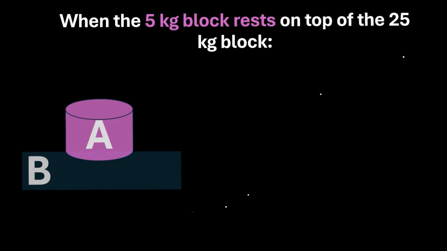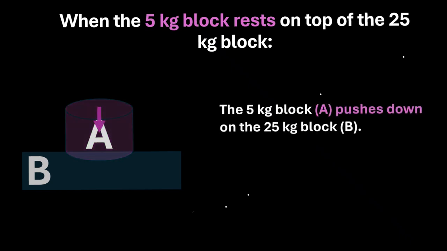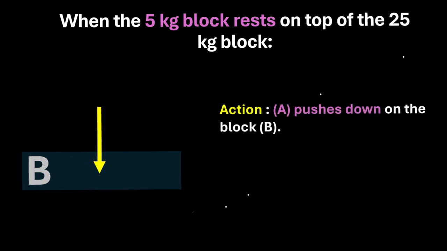Now, when A is placed on B, when the 5 kilogram block rests on top of the 25 kilogram block, what we see is the 5 kilogram block pushes down on the 25 kilogram block. So it pushes down like this. So we can say that due to this push, the action can be A pushing down on the block B.